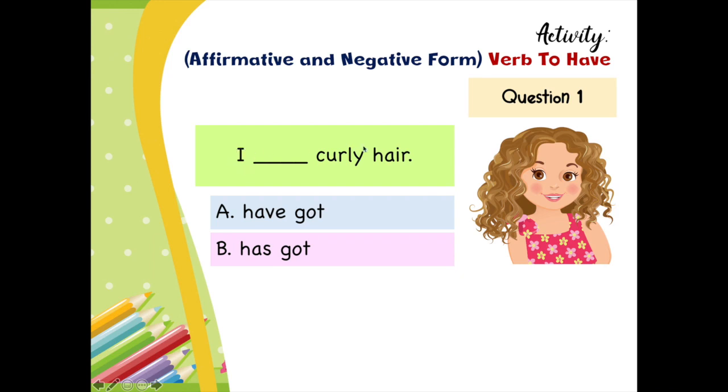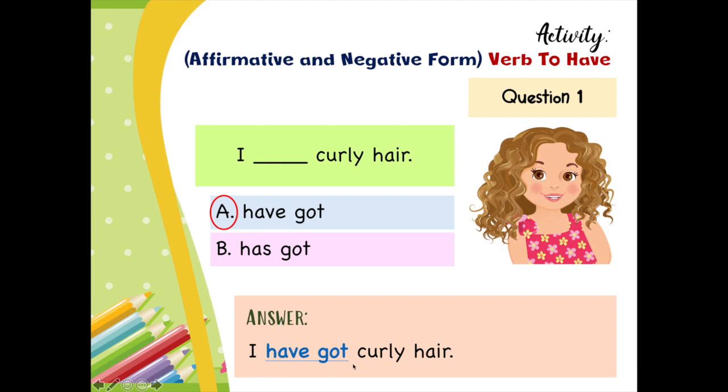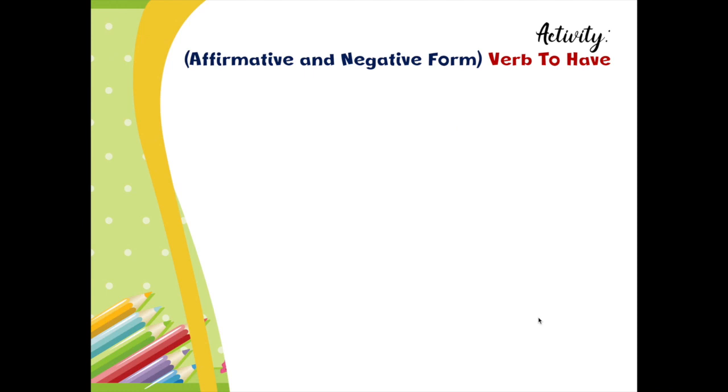So if I, this is singular, but I said just now it is special, so you have to use, very good, have got. So the answer will be I have got curly hair. Next, question 2.